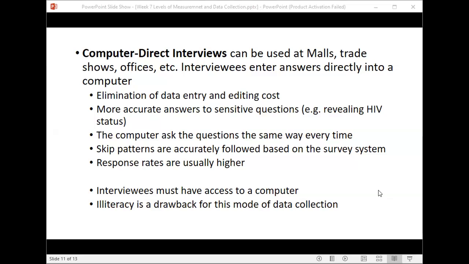But you who are literate can read and answer the questions that come. And interviewees must also have access to a computer, obviously. In a computer direct interview, that computer is the tablet or whatever is on the wall that you can easily use.